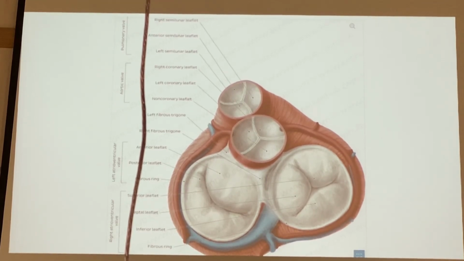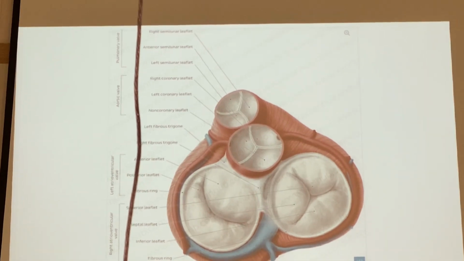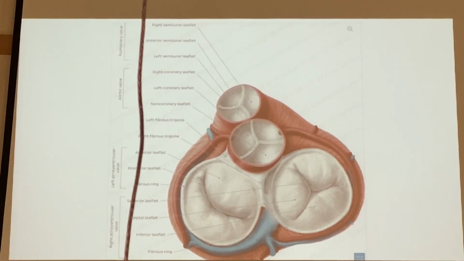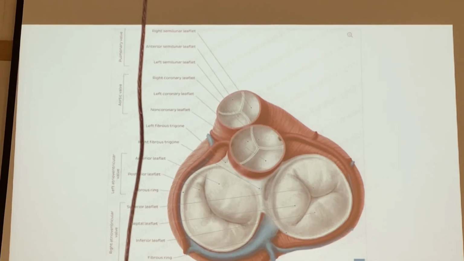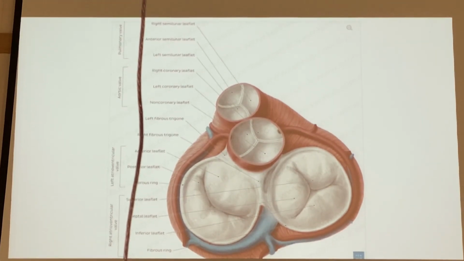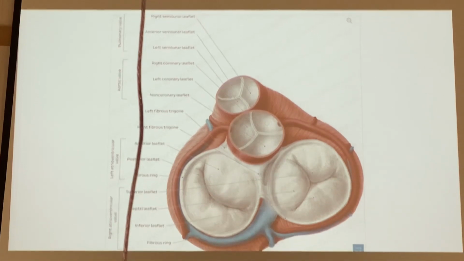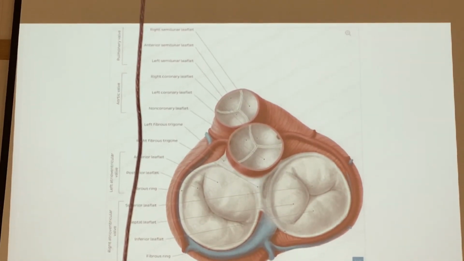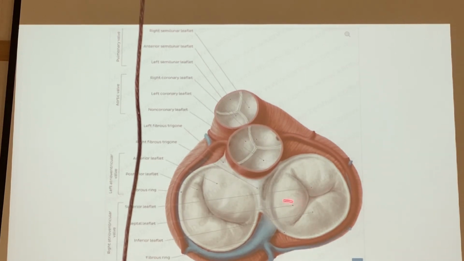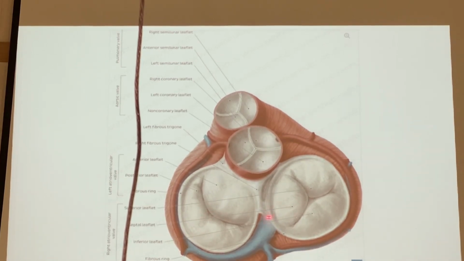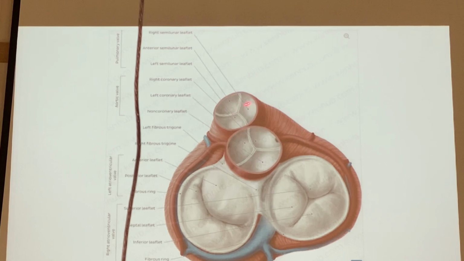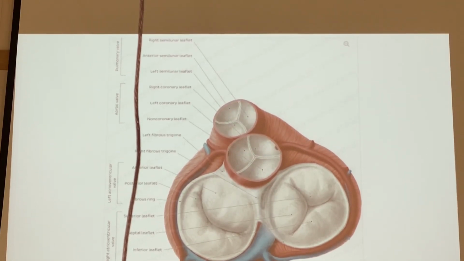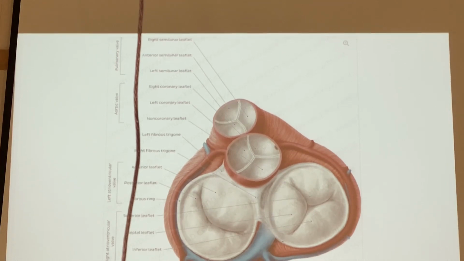Septum membranaceum. So three structures forming the cardiac skeleton: annuli fibrosi, trigona fibrosa, and septum membranaceum. So these two are atrioventricular orifices. This is the left one, that one is the right one, and these two are aortic and pulmonary trunk.